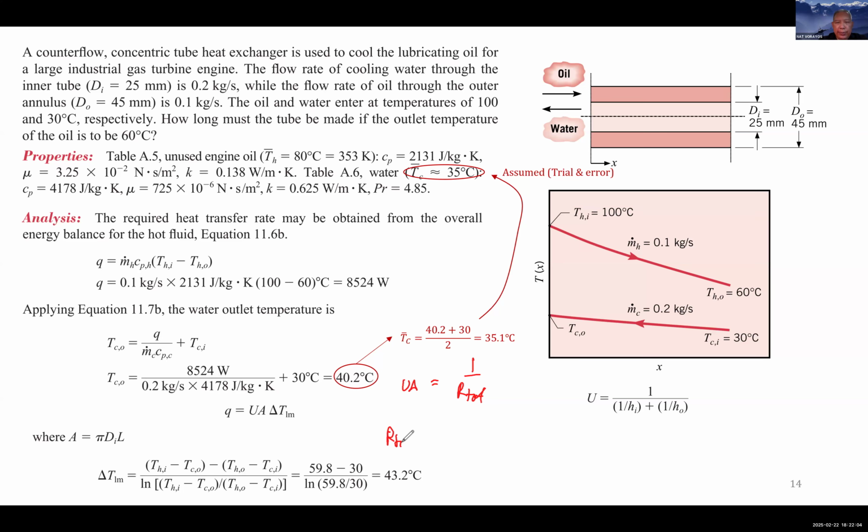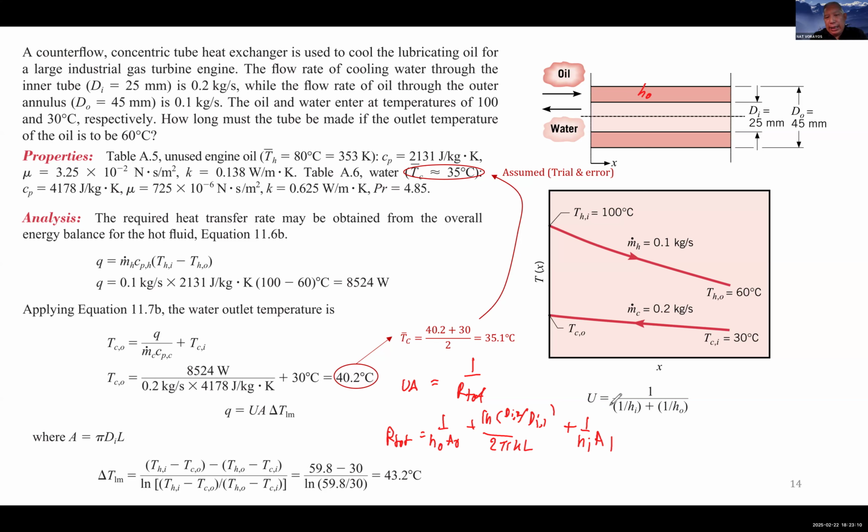And R total itself is 1 over HO AO, where HO is the convective heat transfer coefficient outside the inner tube, plus natural log of di2 over di1 over 2 pi kL, where L is the length of the heat exchanger, plus 1 over HI AI.